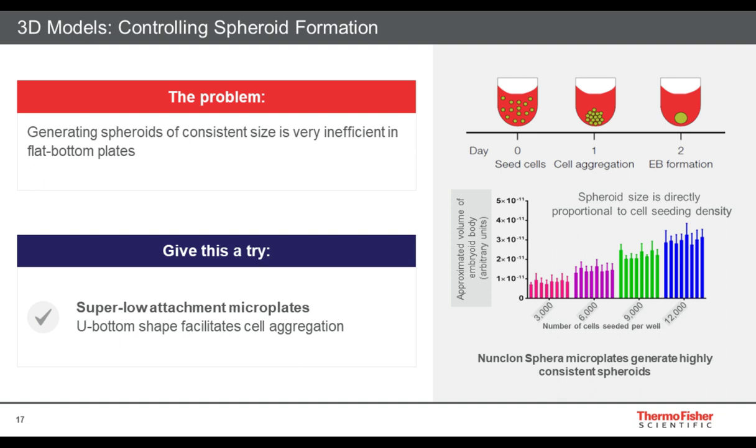The graph on the bottom right here is meant to illustrate the consistency between 8 replicates of spheroids formed from 4 different initial seeding densities, and to show that the spheroid size is quite consistent from spheroid to spheroid, and the size of the overall spheroid is directly proportional to the number of cells that you start with. Again, these are important considerations for folks who are just getting started.